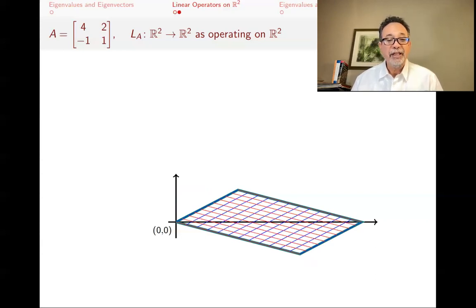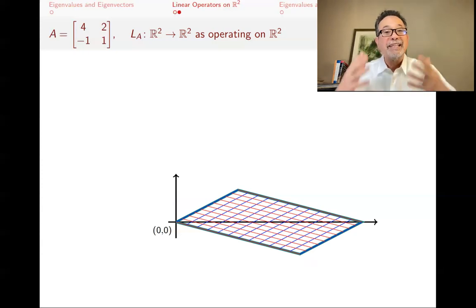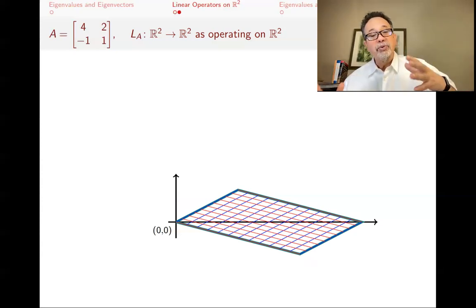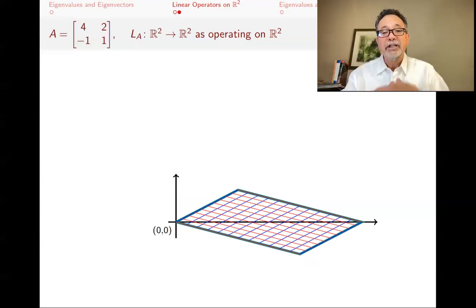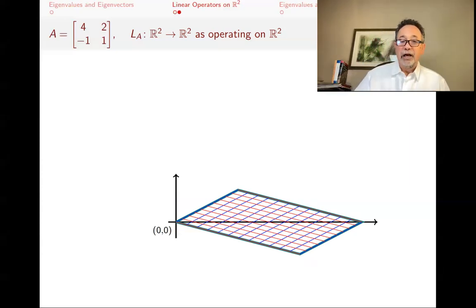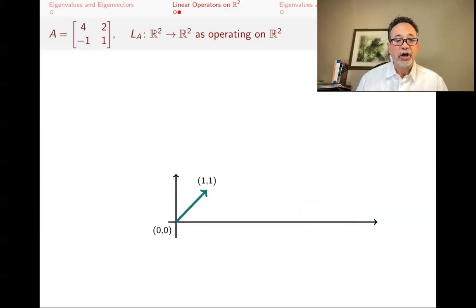So now the way I'm thinking about this is that I have an operator that does something to my shapes in R2. So this matrix A does that. And in fact, matrix multiplication is used in this way to do things like scaling, rotating, projecting, and other things like we saw.